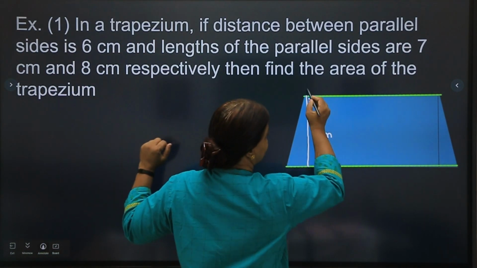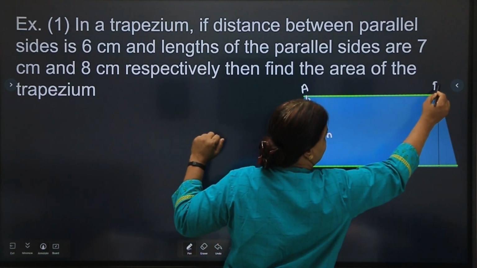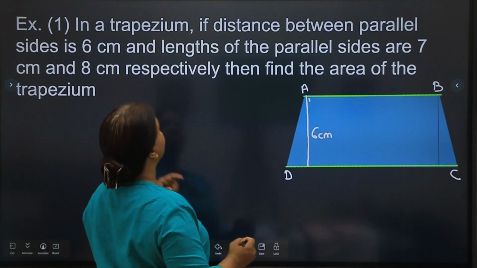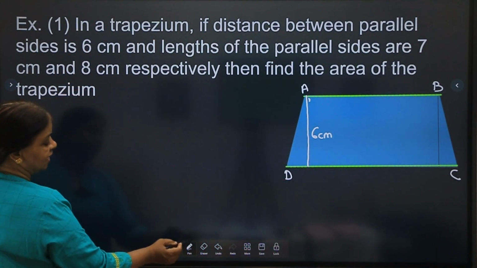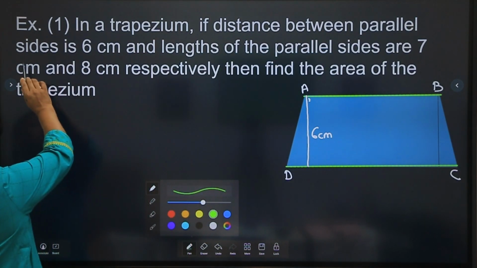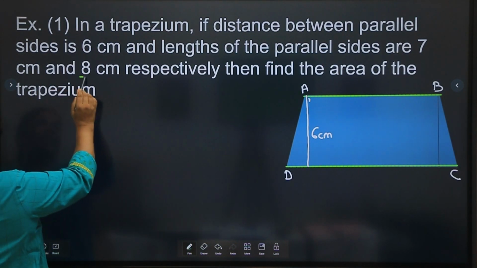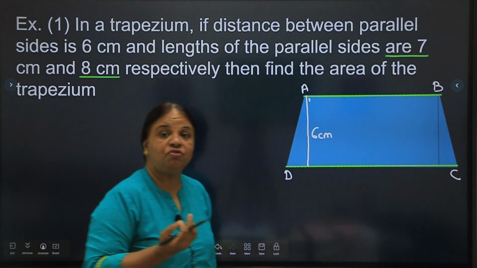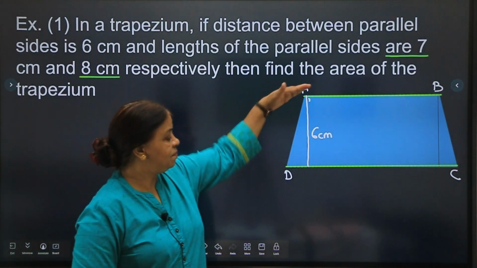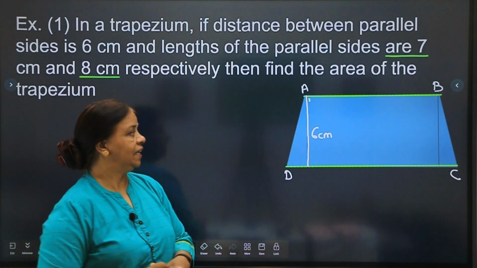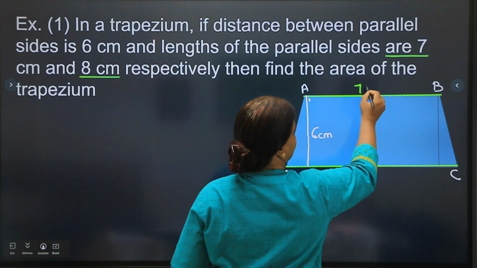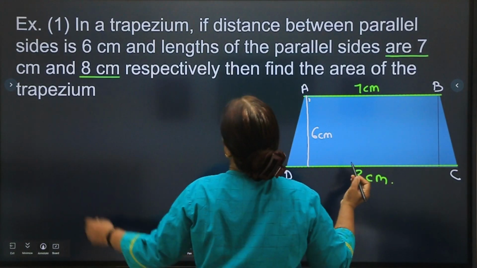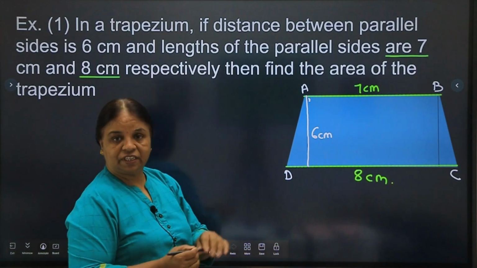Now this side is AB and this side is DC. Which is bigger? DC is bigger. So the lengths of the parallel sides are 8 centimeter and 7 centimeter. AB and DC are the two parallel sides. So 7 can be this and 8 can be this. Find the area of the trapezium.